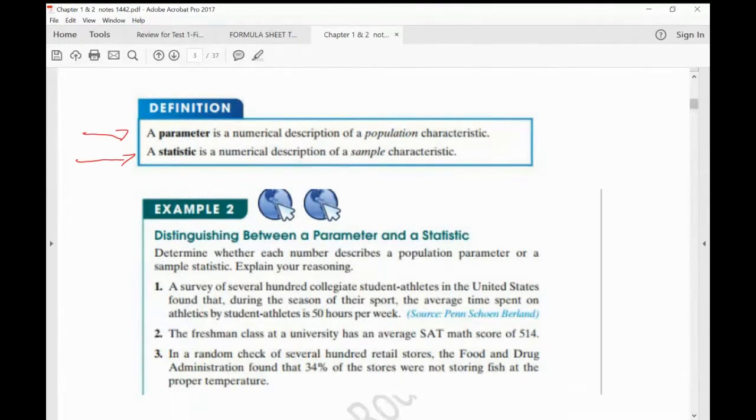It says a parameter is a numerical description of a population characteristic, and a statistic is a numerical description of a sample characteristic. Okay, so remember what we said. Population refers to all of the people, and a sample refers to some of them, right?